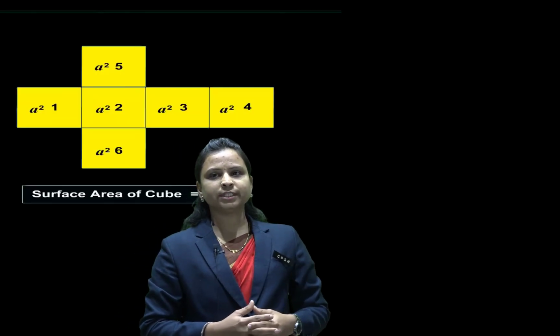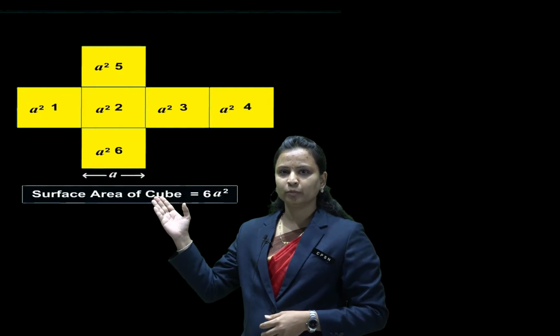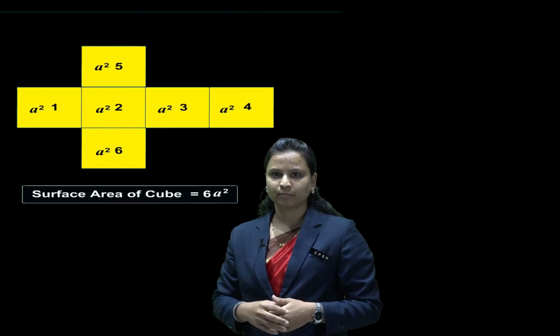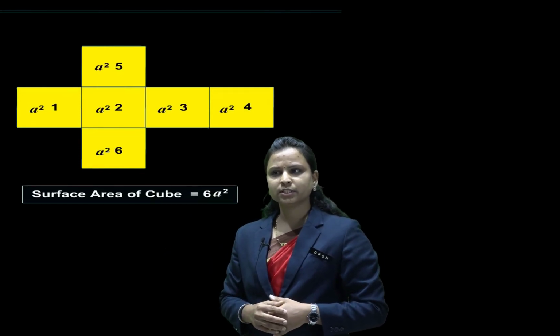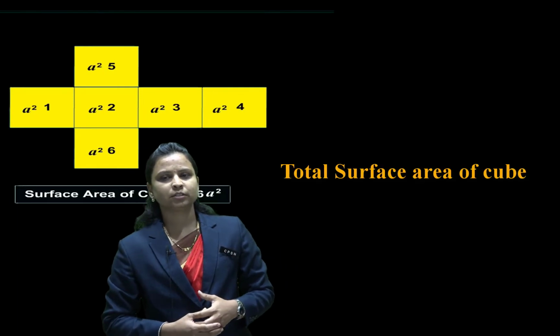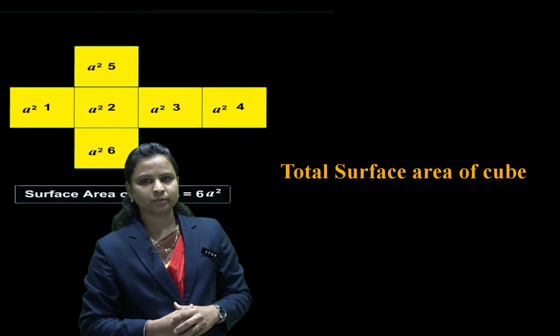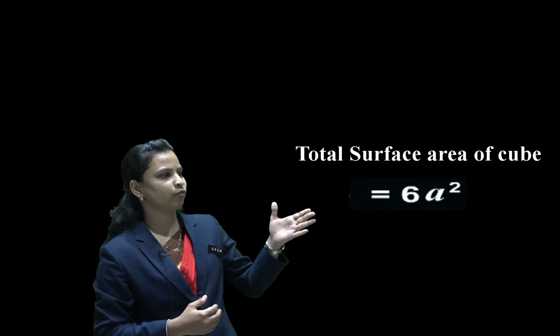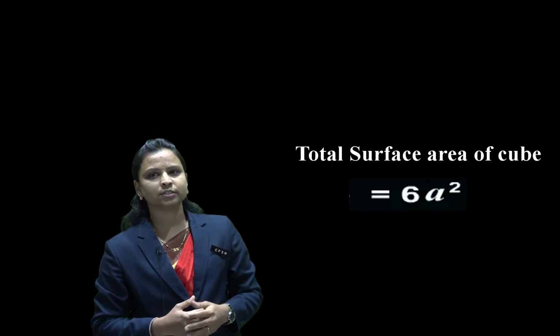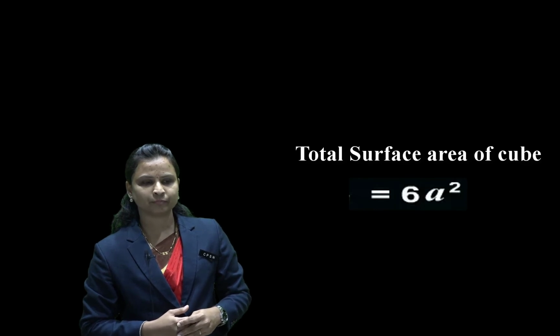So, the surface area of a cube is 6 a square. This is also referred to as the total surface area of a cube. So, the total surface area of a cube is nothing but 6 a square.